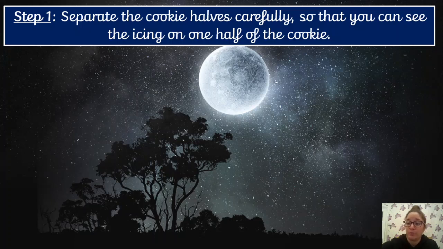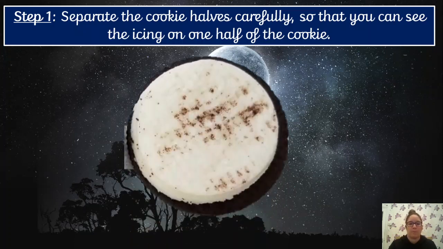Or you could do it like my first attempt, and end up like this. That's not ideal. Okay, so you've each got 2 halves of a cookie.